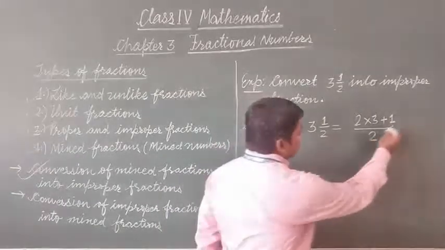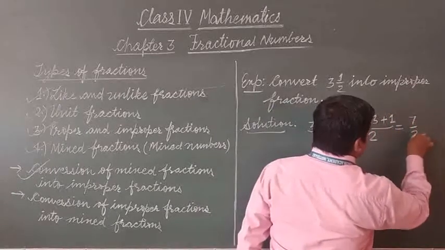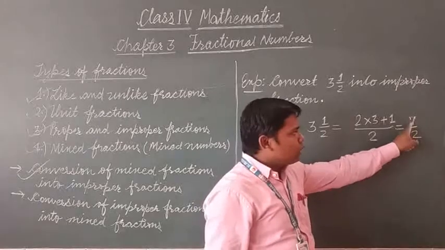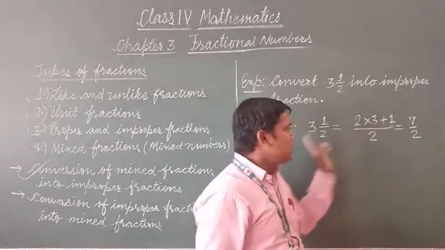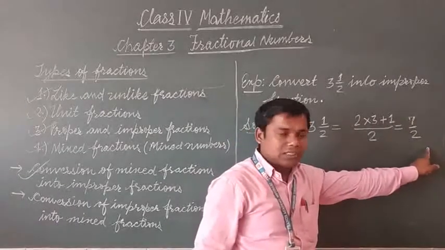It will come 2 3s are 6 plus 1, 7 by 2. As you are seeing, 7 is greater than 2, so it is an improper fraction. So this is the conversion of this mixed fraction into improper fraction.